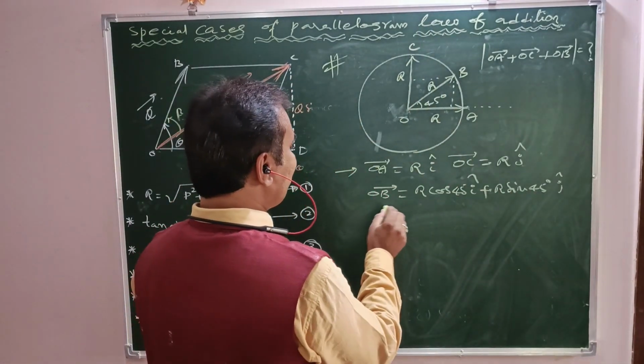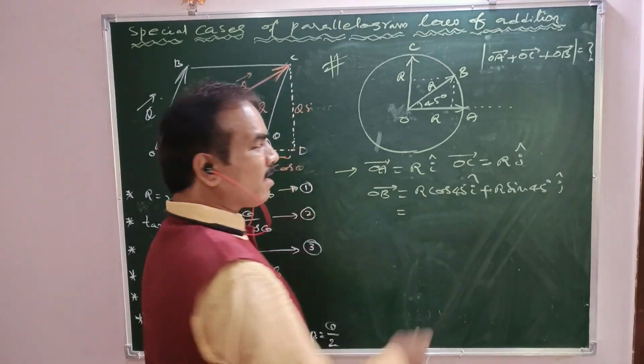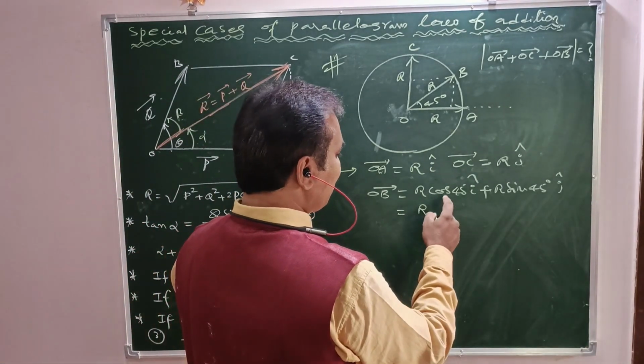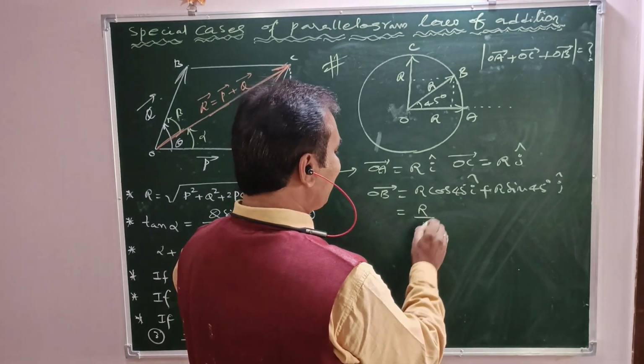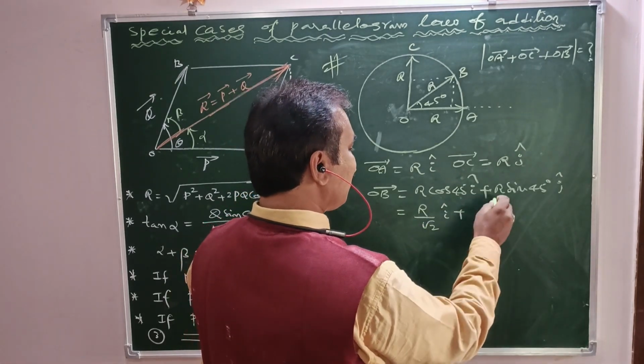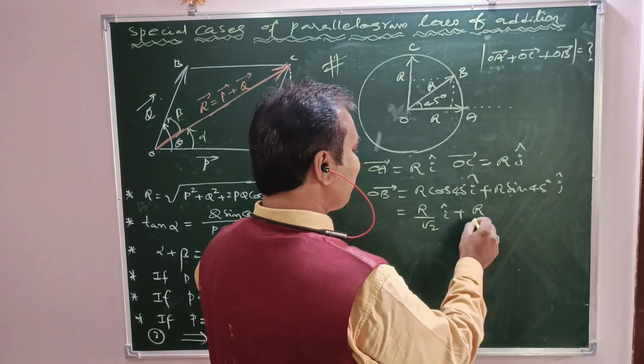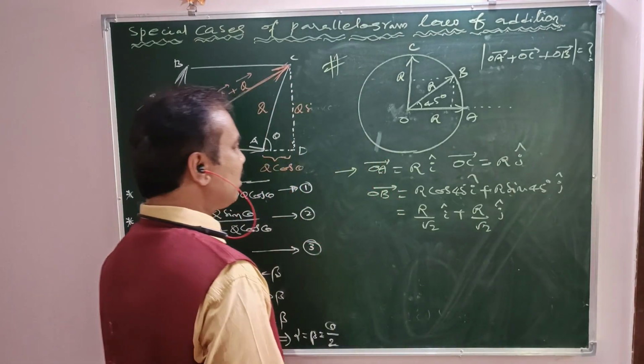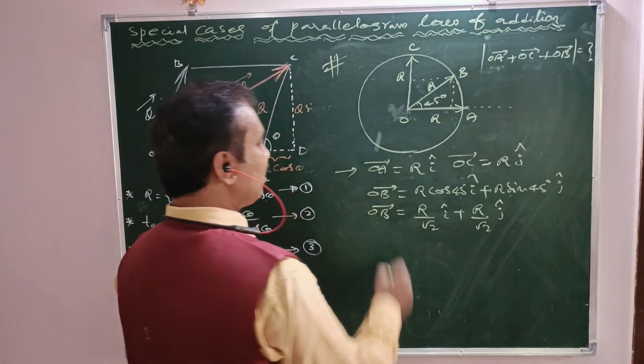Alright, that is OB bar equal to R cos 45, and cos 45 is 1 by root 2, so R by root 2 into i cap, plus R into sin 45, also 1 by root 2, so R by root 2 into j cap. This is OB bar.